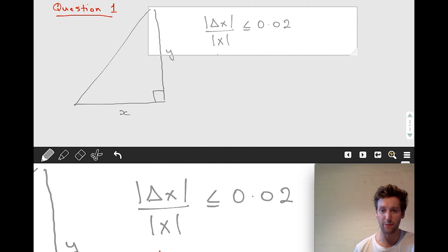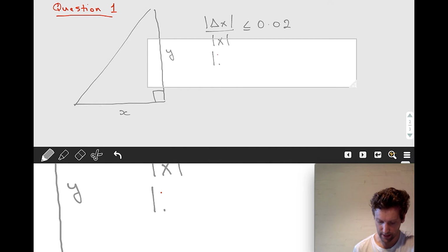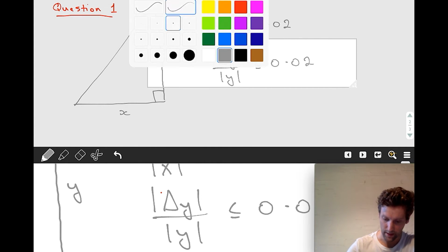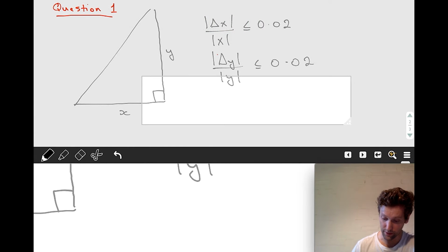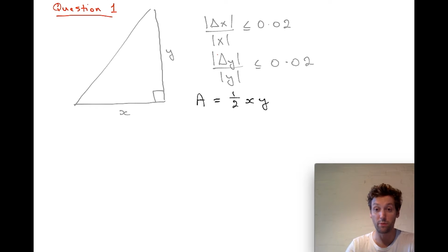Notice that I'm using the absolute values there because this is the maximum possible error in x. And likewise, delta y over y is less than or equal to 0.02. We also know that the area of this triangle is a half the base times the perpendicular height. So the question is, what's the maximum possible percentage error in our area A?